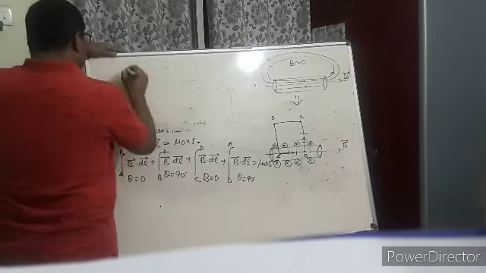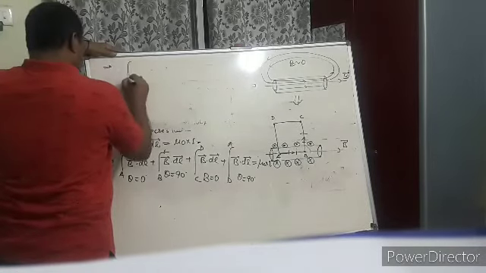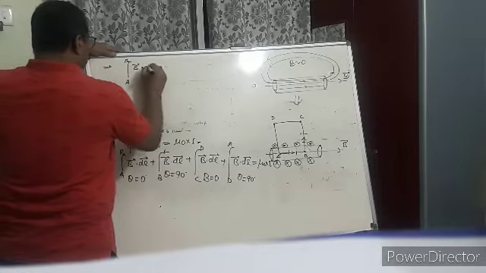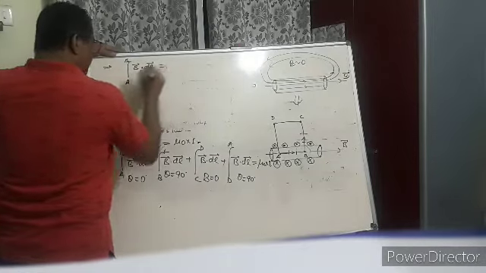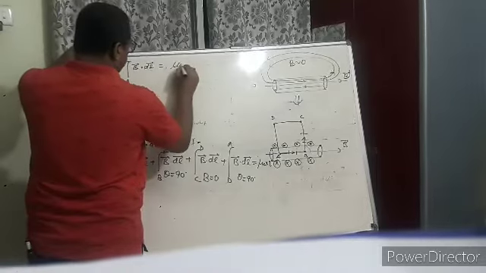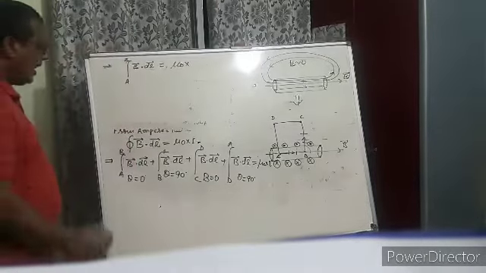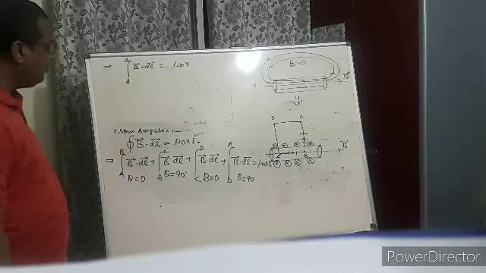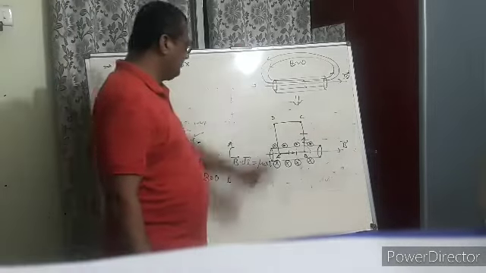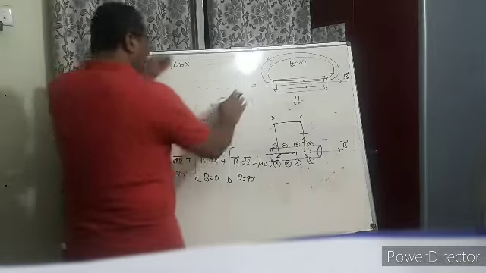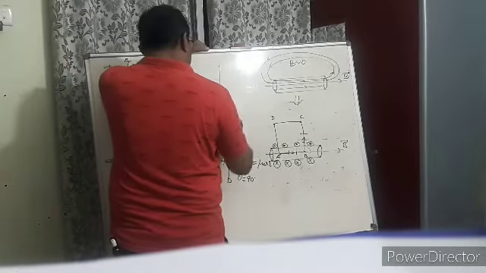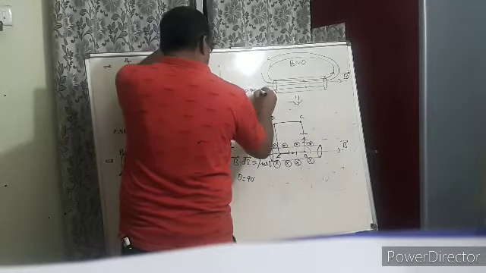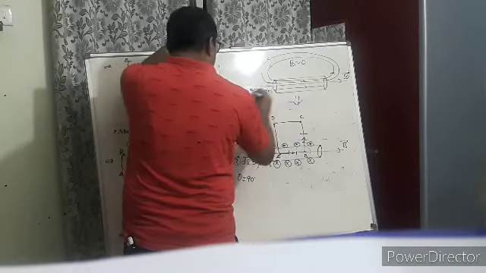Hence, the integration from A to B of B dot dl is equal to mu naught into I, the current enclosed. We have to see how much current is enclosed here. For this we have to assume one terminology, n, the number of turns per unit length.